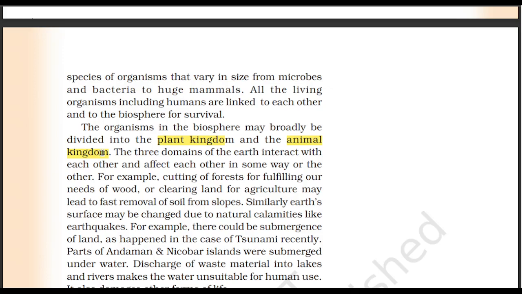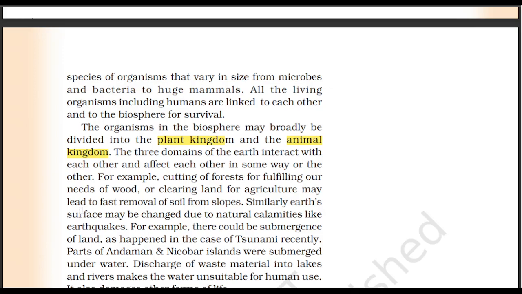The three domains of earth interact with each other and affect each other in some way or the other. For example, cutting of forests for fulfilling our need of food, or clearing land for agriculture may lead to fast movement of soil from slopes. Similarly, Earth's surface may be changed due to natural calamities like earthquakes.